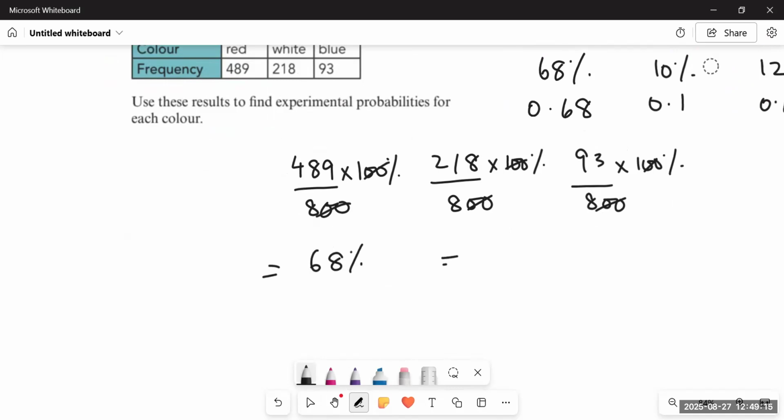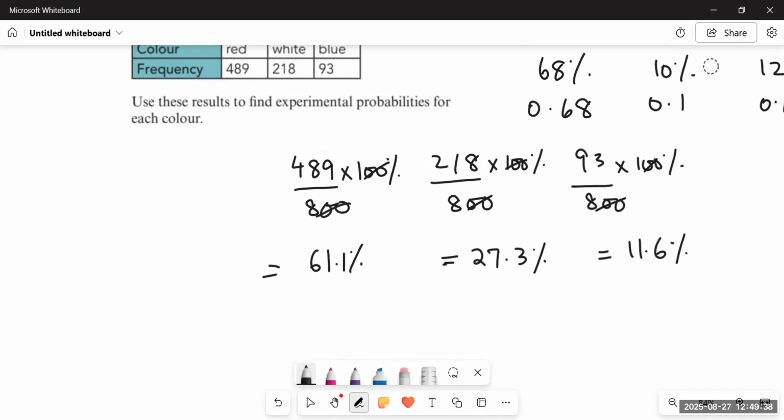Then 218 divided by 8 is around 27.3%. And the third one, for the blue, is 11.6%.